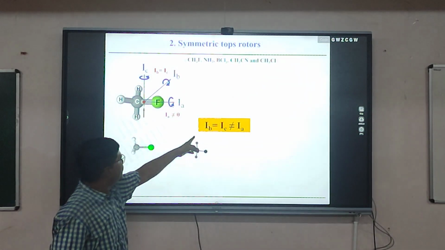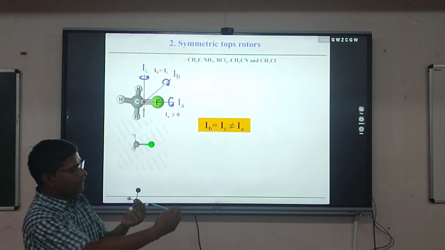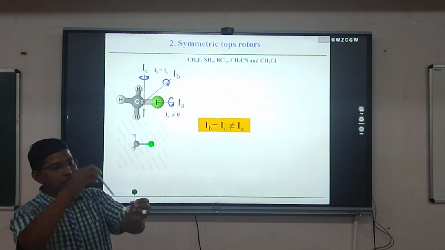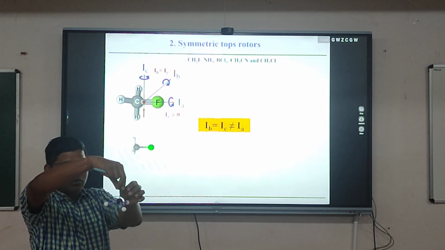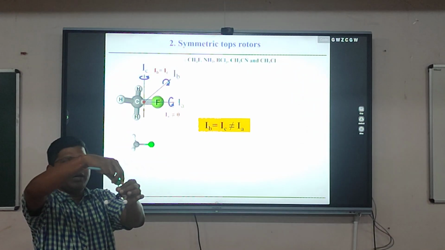So this is one way to rotate the molecule, along the bond axis.